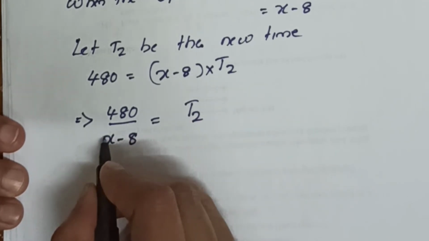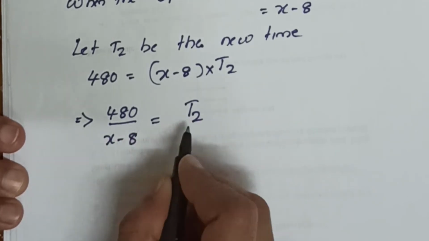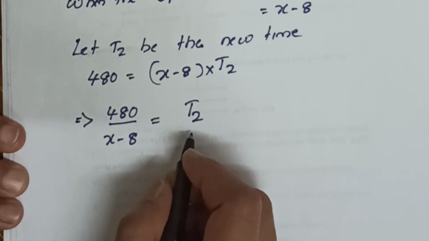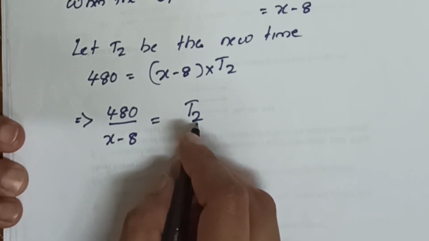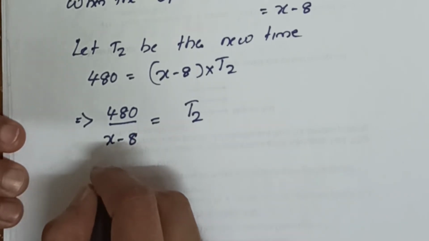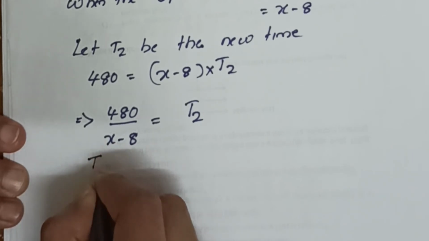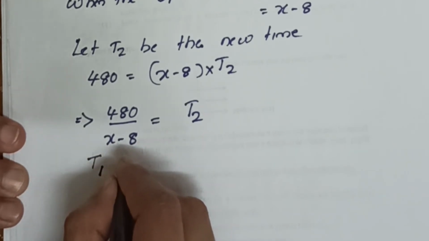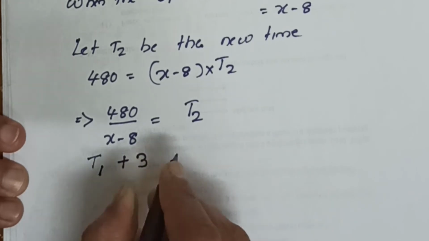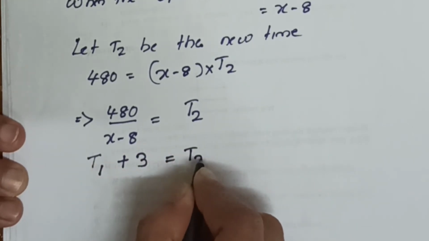Now, when the speed is decreased, it will take more time. What is that more time as given in the question? That is initial timing t1 plus 3 hours is equal to t2.